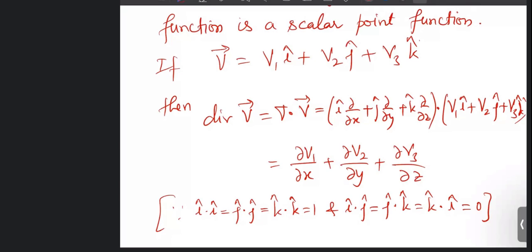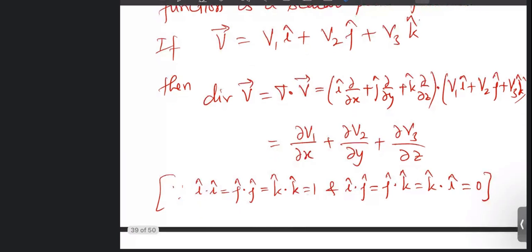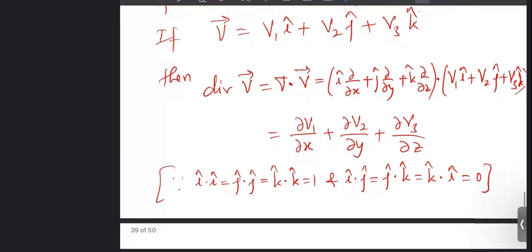So the divergence in component form is the derivative with respect to x of the coefficient of i, with respect to y of the coefficient of j, and with respect to z of the coefficient of k.